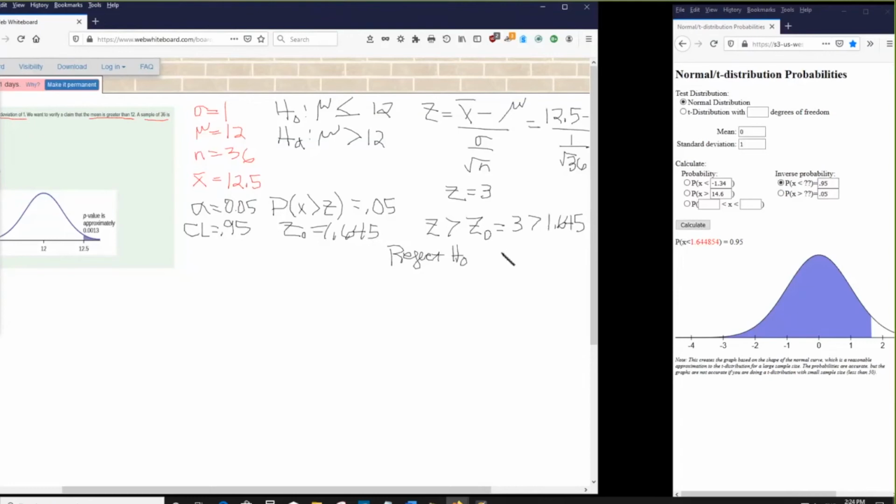Now let's go ahead and solve for the p-value to check.